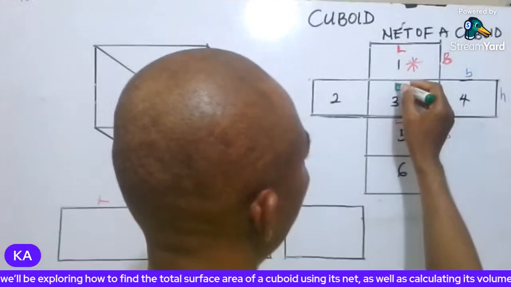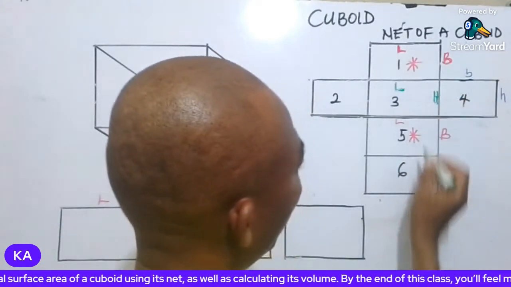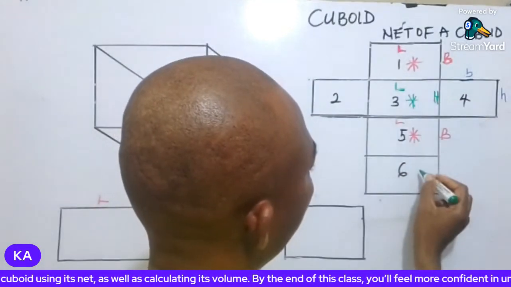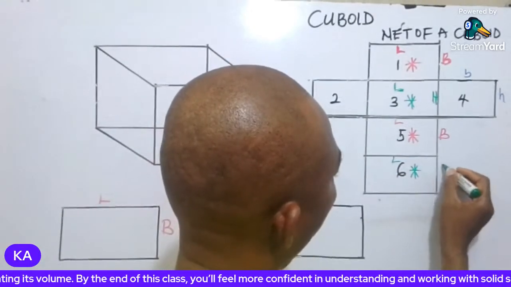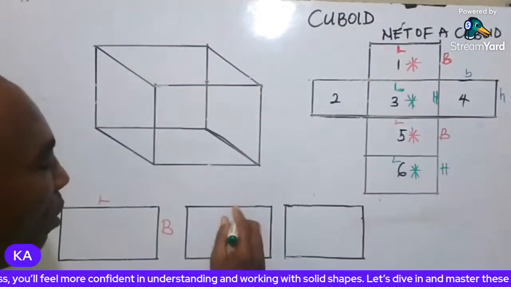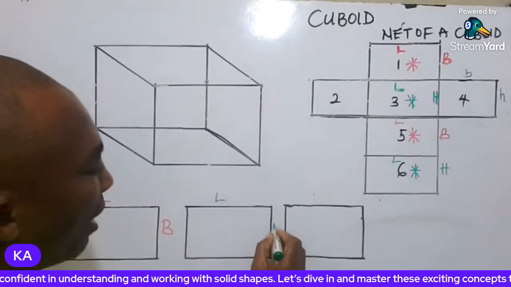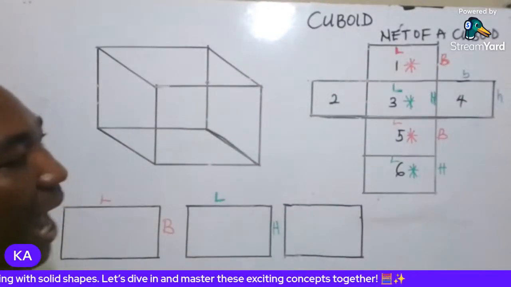Now let me pick the second side with another letter, which is the one inside here. So this is the length and this is the height, which also means this place and this place are the same thing as length and height. So I can also bring that one here as length and height.